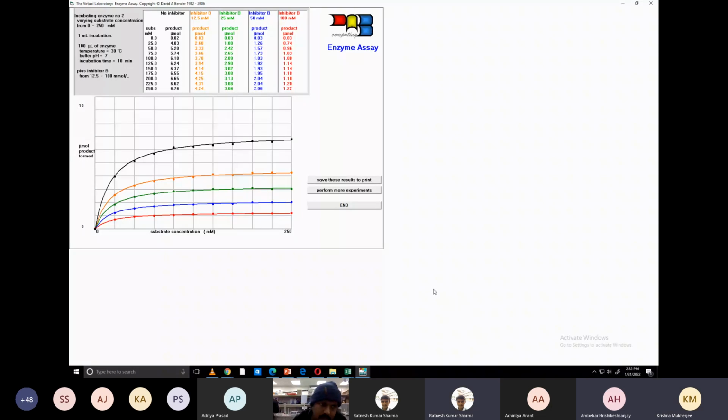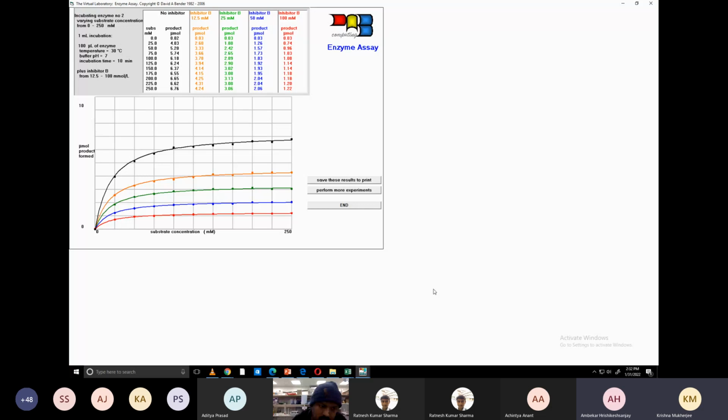See, these plots are very clearly different. This is a straight V versus S plot, which is very difficult to fit, but it can be fitted nowadays in software. So you don't have to do all those double reciprocal and Eadie-Hofstee and all these things. This is a fitting of the curve directly to the equation.